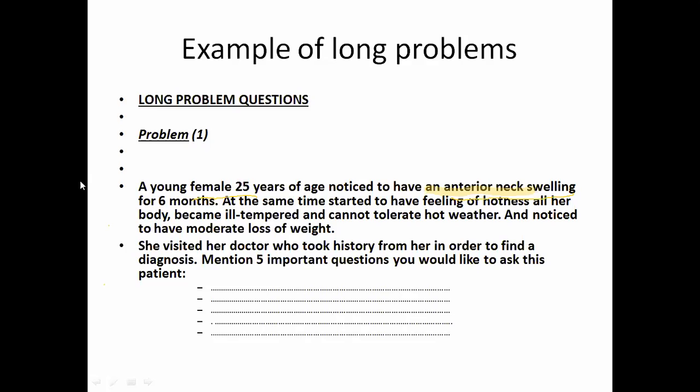What more symptoms would emphasize your diagnosis of Graves? Palpitation, actually. Loss of weight despite good appetite. What else? Tremor.